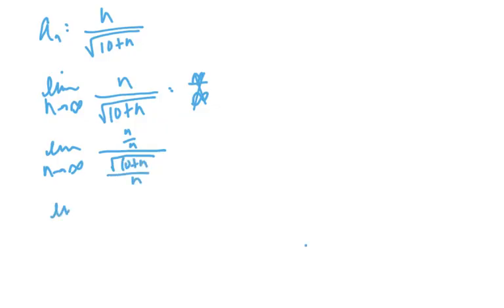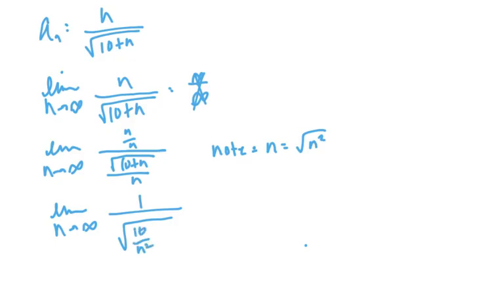Well, if you think about that, we have the limit as n approaches infinity. And here that makes 1. And when you put it inside the square root, notice that n equals the square root of n squared. So we have 10 over n squared plus n over n squared inside the square root. So that means we have the limit as n approaches infinity.